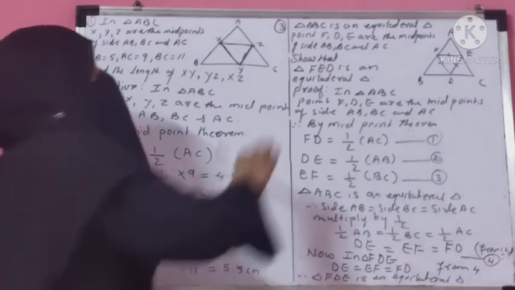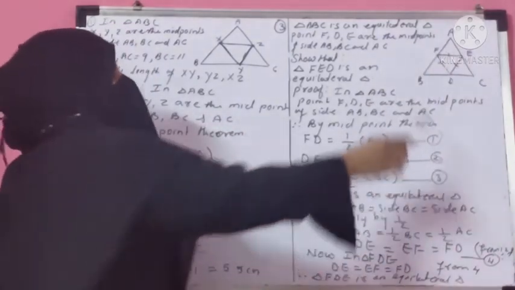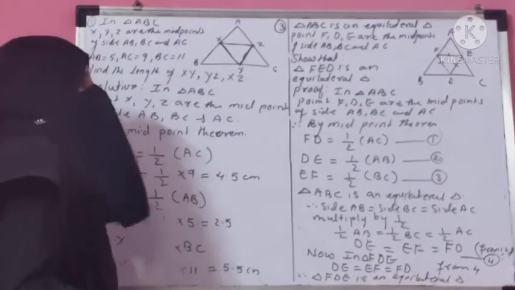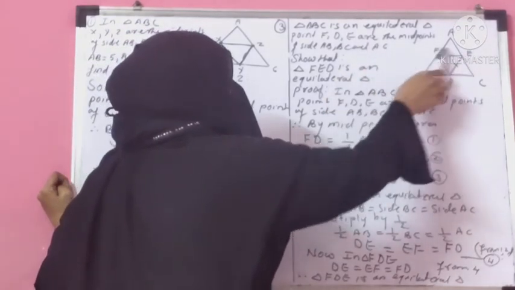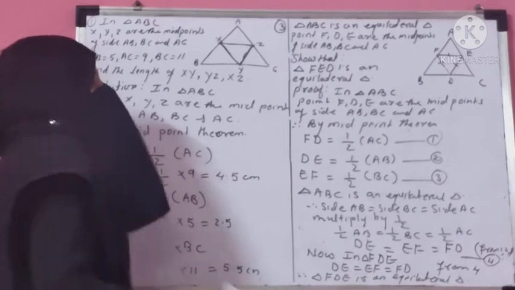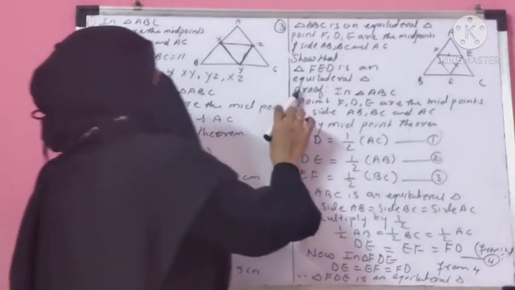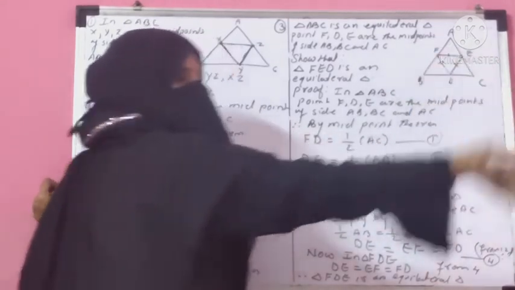Once again, see here, the given is triangle ABC is an equilateral triangle and points F, D, E are the midpoints of the sides AB, BC and AC, and you have to prove the triangle formed by joining these midpoints is also an equilateral triangle. So let's start the solution proof. In triangle ABC, F, D, E are the midpoints.